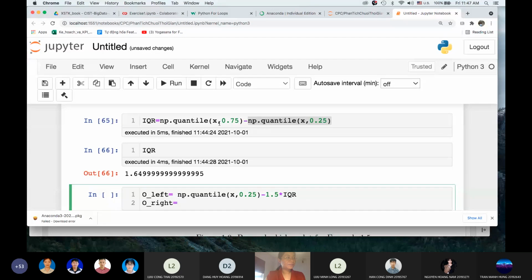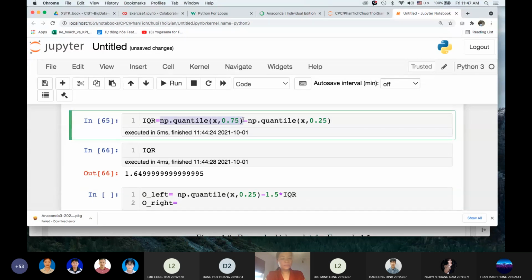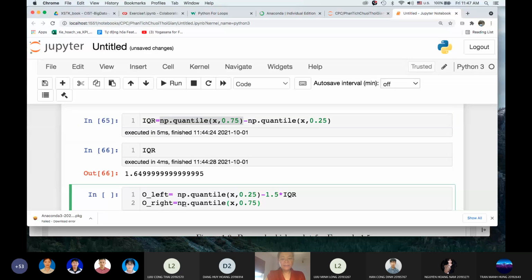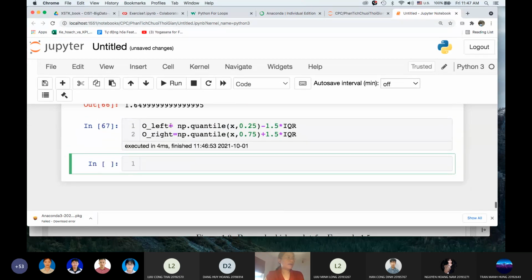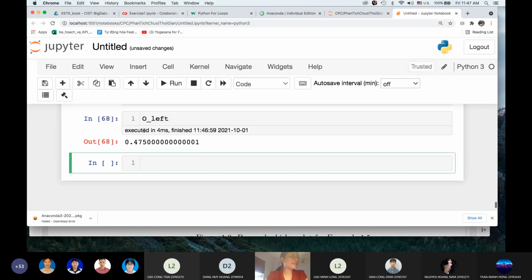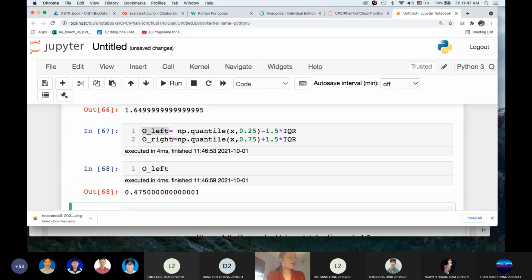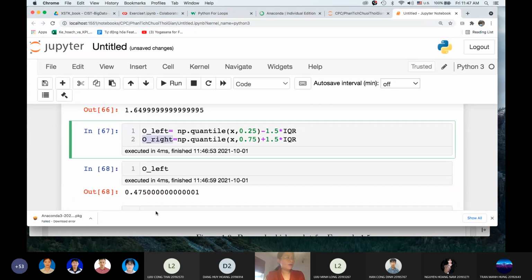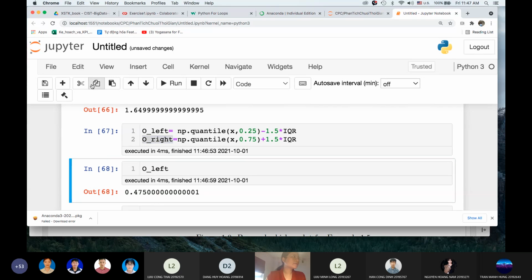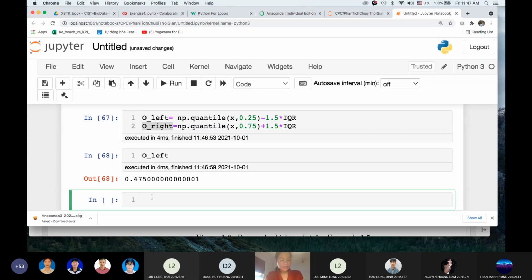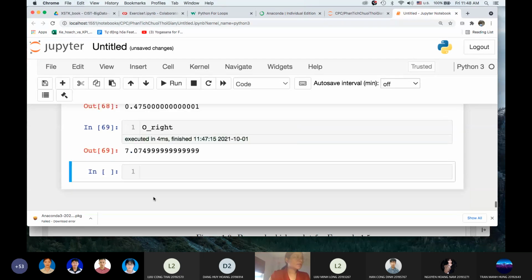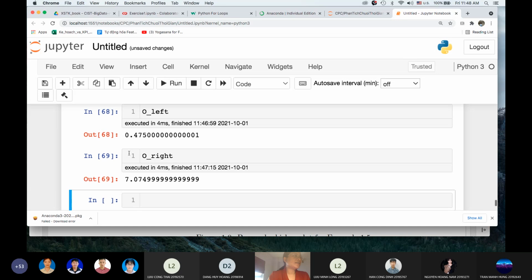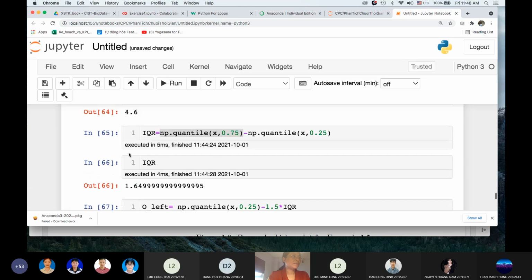Here, above the upper quantile plus 1.5 IQR, if we have this value, all data values smaller than this value or greater than 7 are considered outliers of this data.